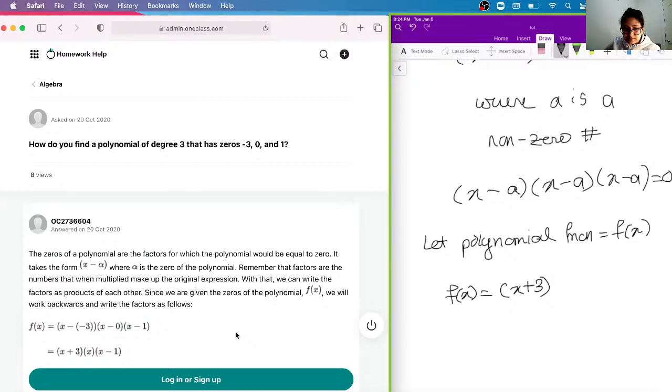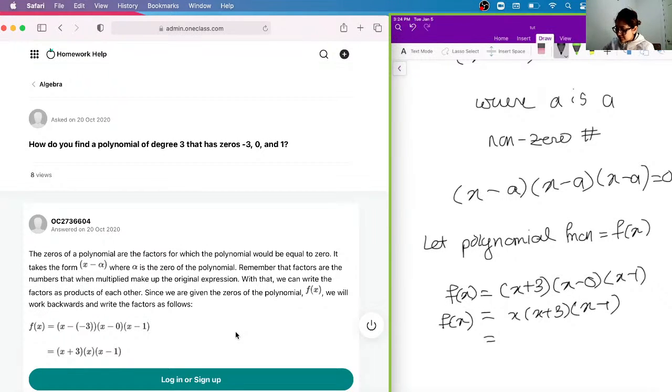The next one would be x minus 0, so just x. The next would be x minus 1. These are our 3 zeros.